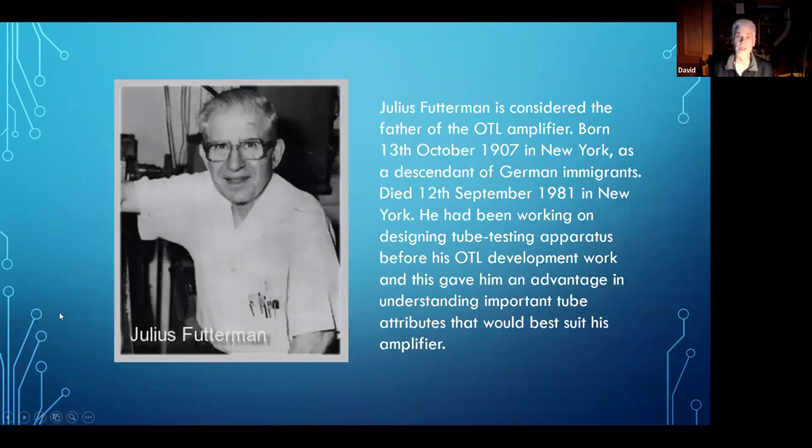Julius Futterman is considered the father of the OTL. Born in New York as the descendant of German immigrants, he died in 1981 in New York. Prior to his work on the OTL amplifier, he was employed designing tube testing apparatus.